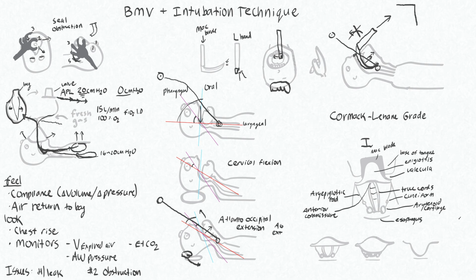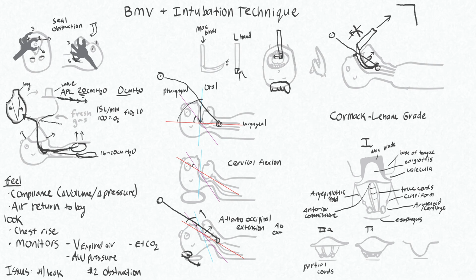So a slightly worse view than this would be our grade 2A. And you can recognize, hopefully, the similar structures here, but now we have only a partial view of our chords. So we can't see the anterior commissure anymore. It's covered by the epiglottis. And then we can maybe see about half of our chords. So here we have partial chords.